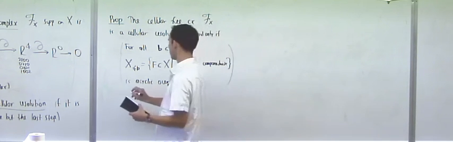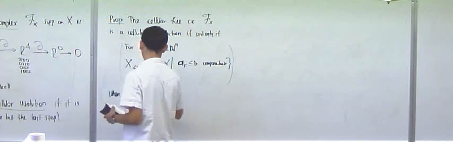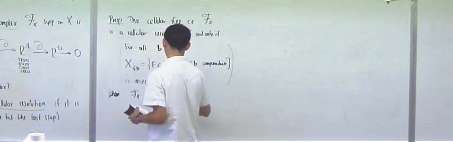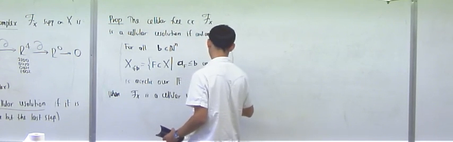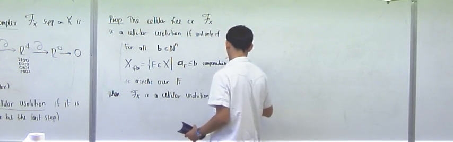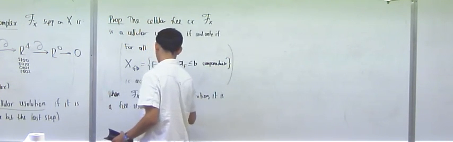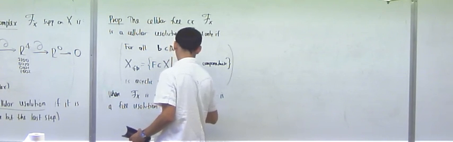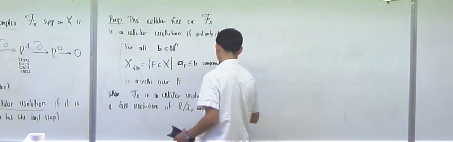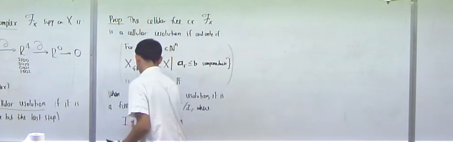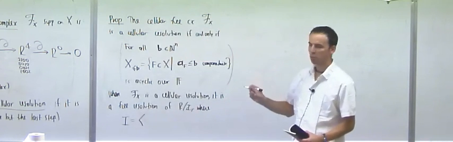And the second thing is that when this is a cellular resolution, then it is a free resolution of R mod I, where I is the ideal generated by the monomials at the vertices.